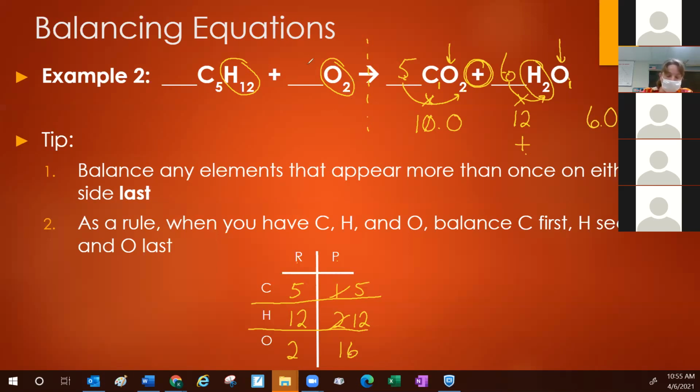The only way we can change at this point is by putting that 8 in front, and that has now changed the oxygen to 16. When we put that 8 there, that does not affect our carbon and hydrogen, because remember, that's split up by that plus sign. So that only applies to that oxygen. I strongly suggest on ones like this, especially, that you go back then and double check when you finish to make sure everything is balanced.